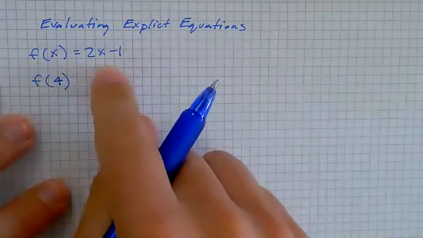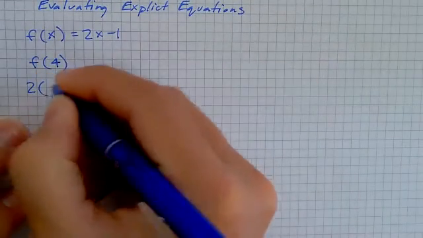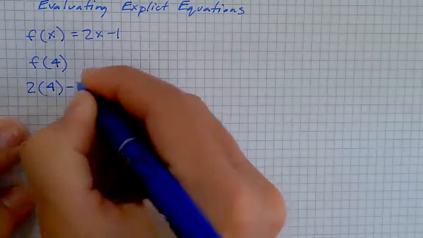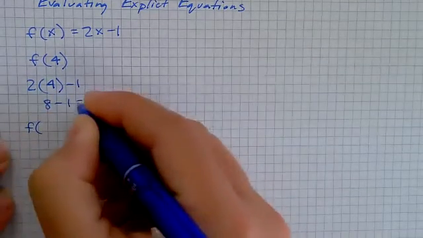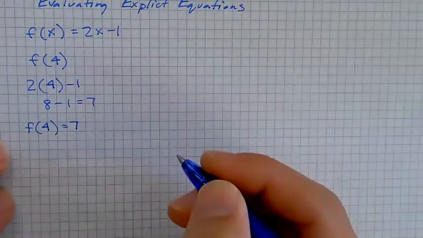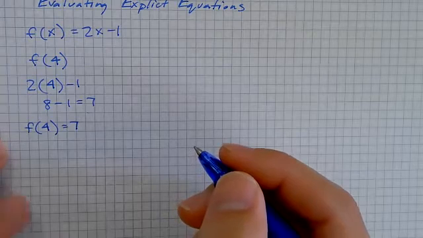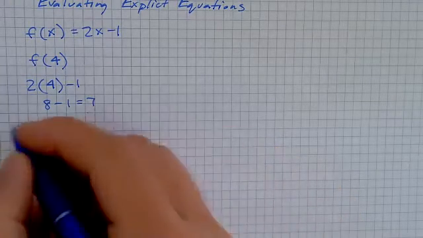So you're given f of x equals 2x minus 4. So now we're just plugging in that 4 for x. So now we have f of 4 equals 4.